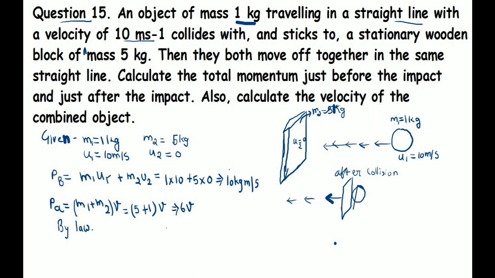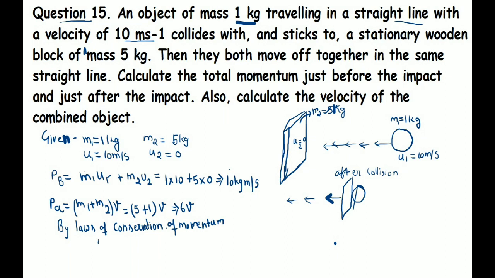Now if we apply the law of conservation of momentum, we know that for any isolated system the momentum before the collision will always be equal to the momentum after they collide.